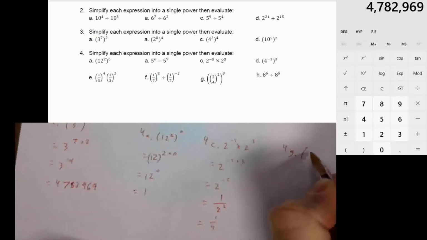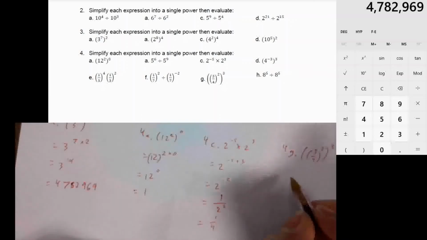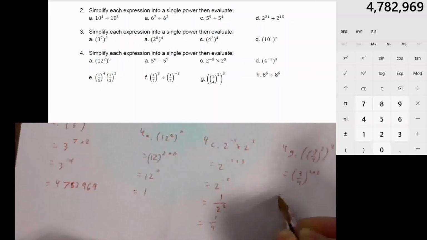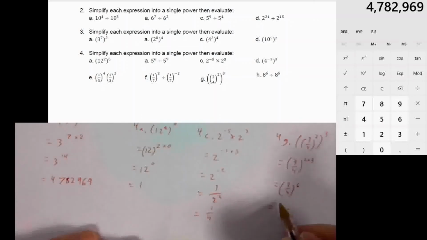Now this next one is a fraction to start with. 3 over 4, all to the power of 2, all to the power of 3. So in this case, I have 3 over 4 to the power of 2 times 3, which is 6, and this 6 gets applied to both the numerator and the denominator.